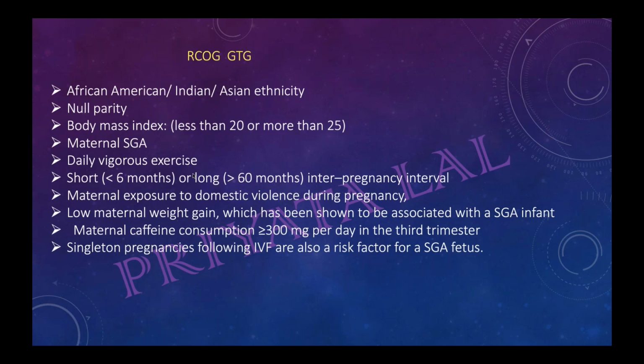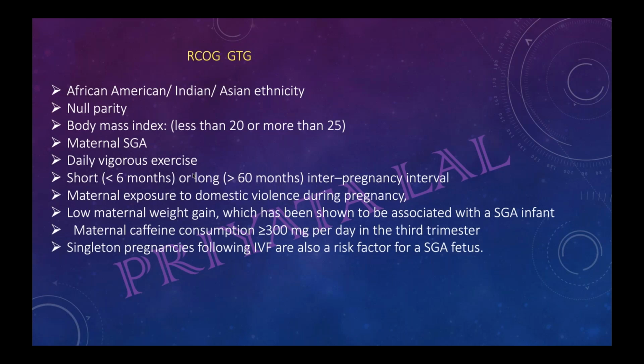How you need to remember them to solve questions, I will explain in the upcoming slides. Then maternal SGA, daily vigorous exercise, short pregnancy interval, like two pregnancies less than 6 months apart, or a longer interval, two pregnancies more than 60 months, more than 5 years apart. This is a factor for SGA.